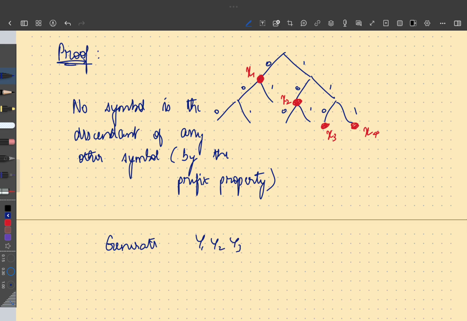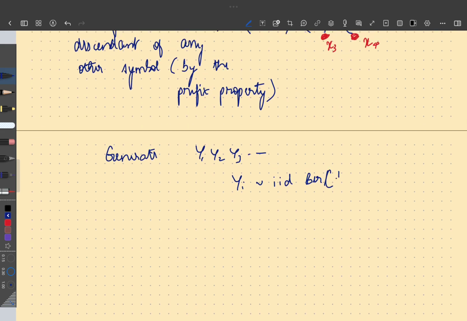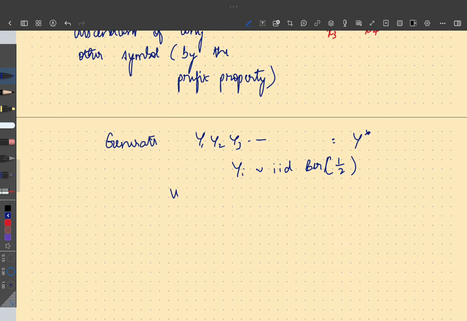Let me call it y1, y2, y3, and so on, where each yi is IID Bernoulli half. So let's call this y star, until y star is f of x for some x.